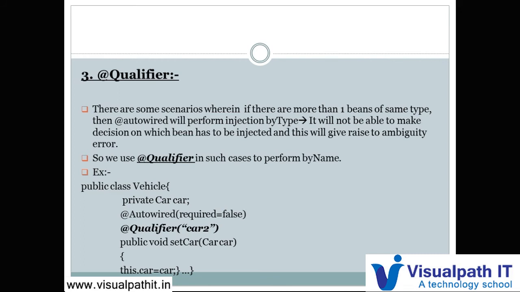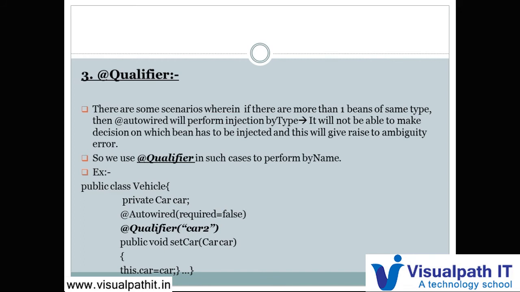Next comes the qualifier. This is @Qualifier. There are some scenarios where we have more than one bean of the same type. Then in the particular configuration, we have @Autowired, which is used to perform injection by type.